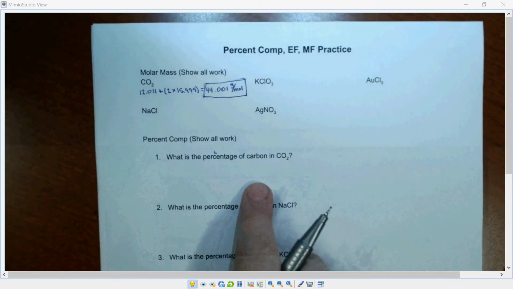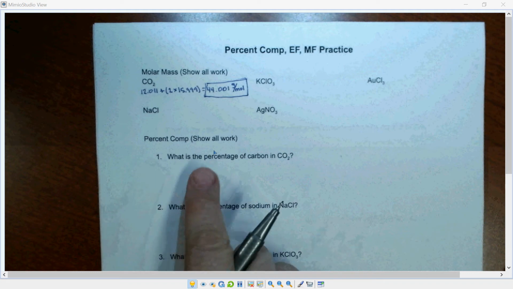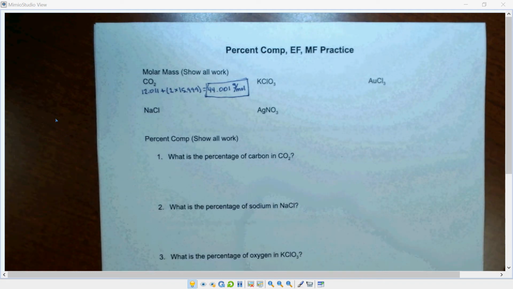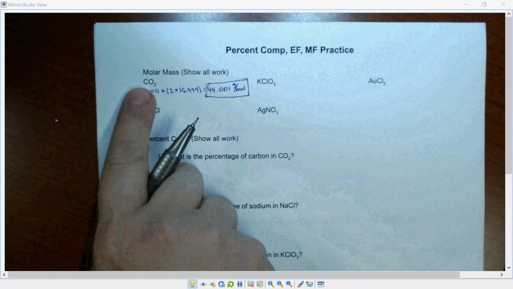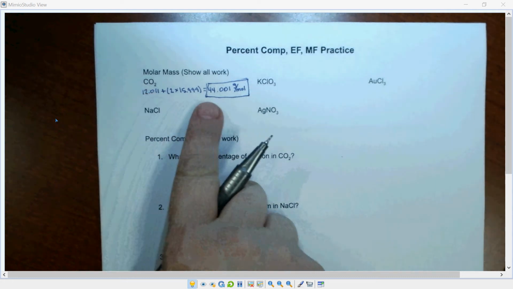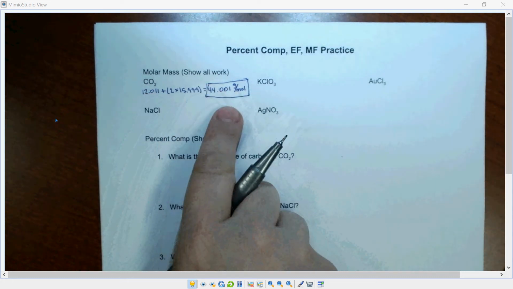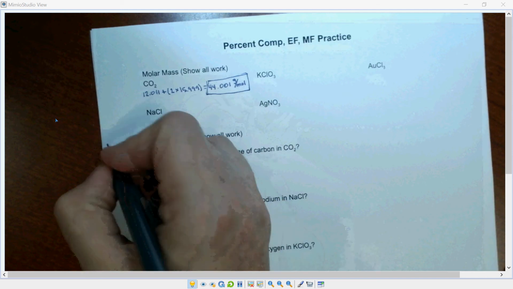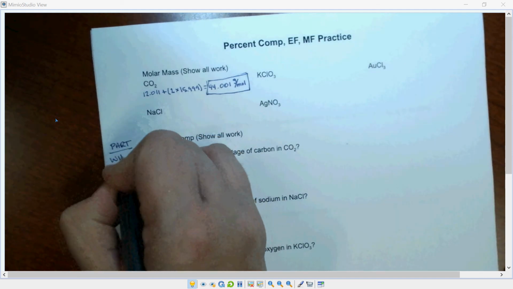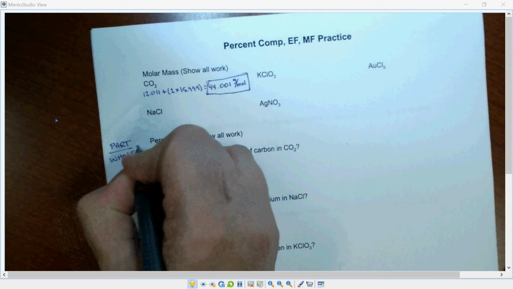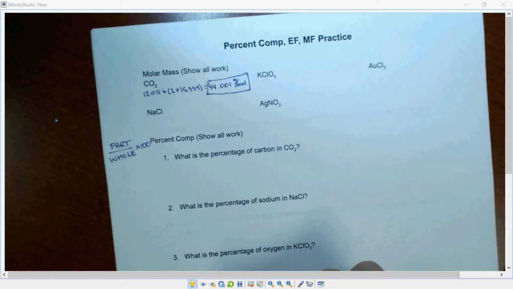For percentage composition, what this allows us to do is to calculate what percentage of each individual element makes up a portion of the total mass. So the way you calculate percent comp is you just take part over whole, and then you multiply it by 100 to make it a percentage.